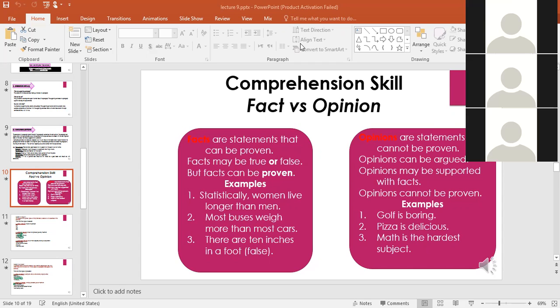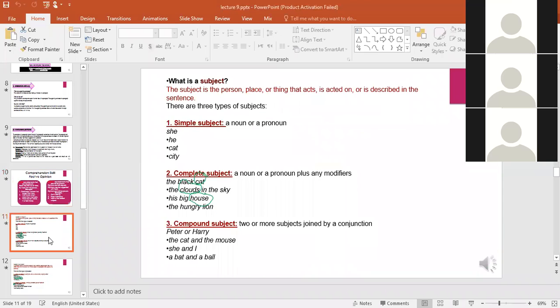It can be argued, it can be supported with facts, and it is just your own opinion. Like, for example, if I said, I do not like sports or exercising, this is my own opinion. So this is the difference between facts and opinions. Any question till now?